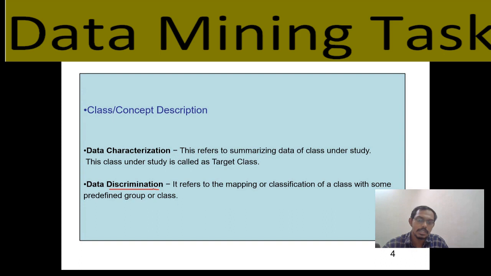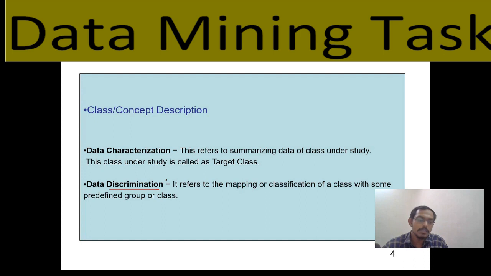Next is data discrimination. Data discrimination is used when we apply the classification technique. There are some groups, some classes available, and we are unable to insert the data within a class. This is called data discrimination. This discrimination is basically in two parts.